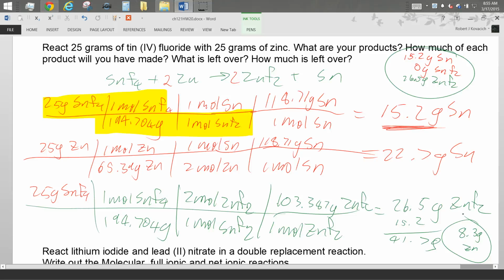If it's 25 grams of zinc, does it make more zinc fluoride? It can't. Why can't it make more? Why can't I actually make this 22.7 grams of tin? But what if the zinc fluoride is less than the zinc? We don't care about the zinc fluoride, it's a product.